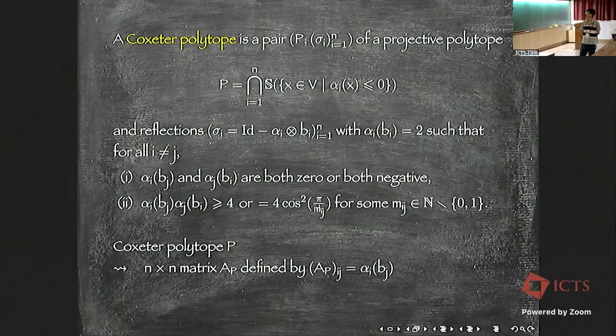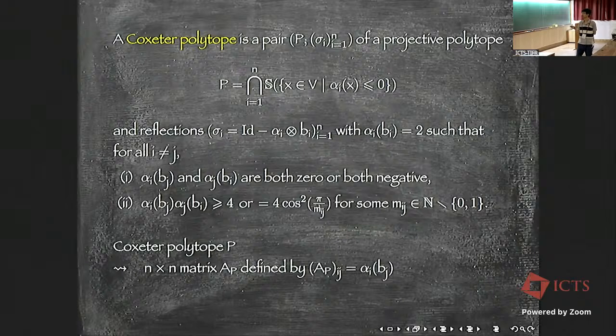This is simply a pair consisting of the projective polytope, described as the intersection of these half spaces, together with the reflections sigma i. So every facet has one of these reflections, and the pair satisfies these 2 properties.